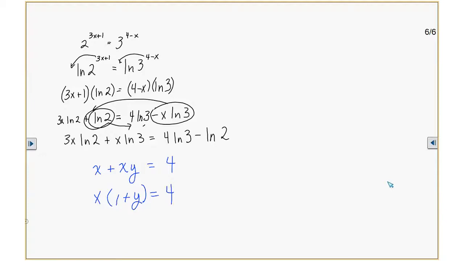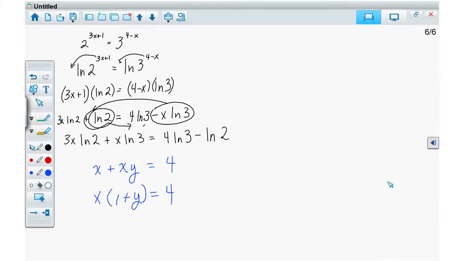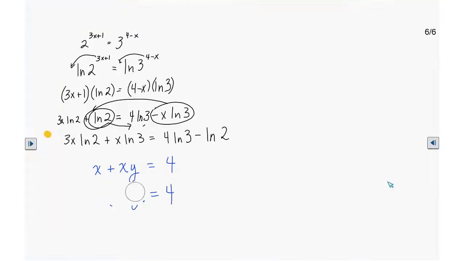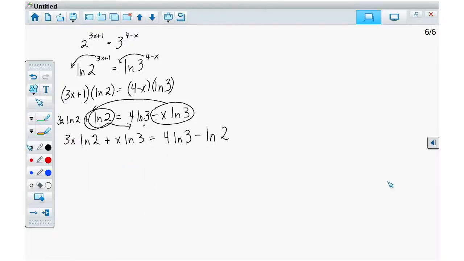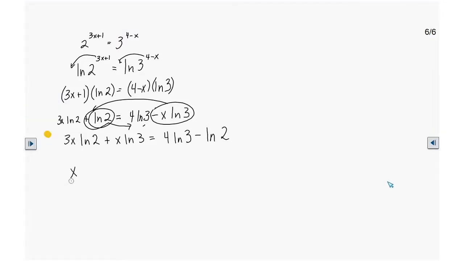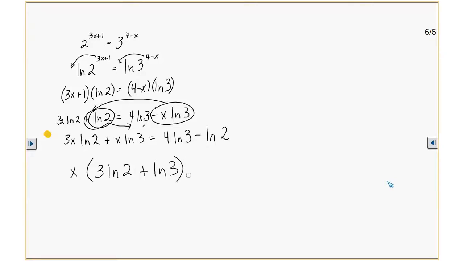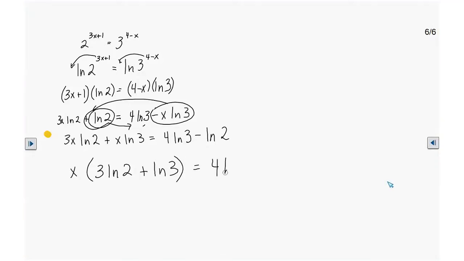So factor out the x. And that's going to leave us with 3 natural log of 2 plus natural log of 3 is equal to 4 natural log of 3.